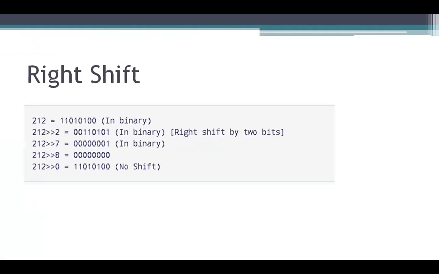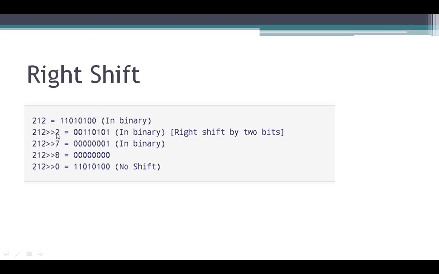We can see the example here: 212 has been converted to binary, 212 right shift 2. So the rightmost 2 bits will fall off, and the spaces will be filled with zeros.